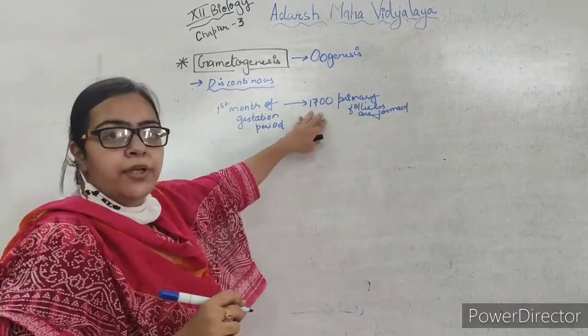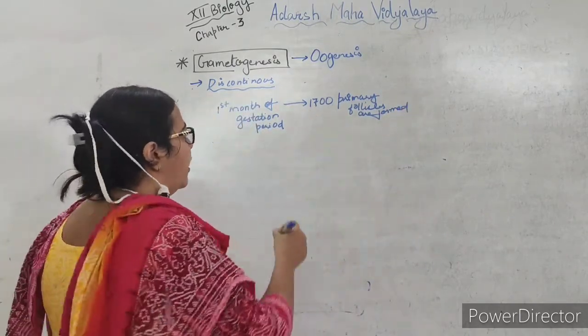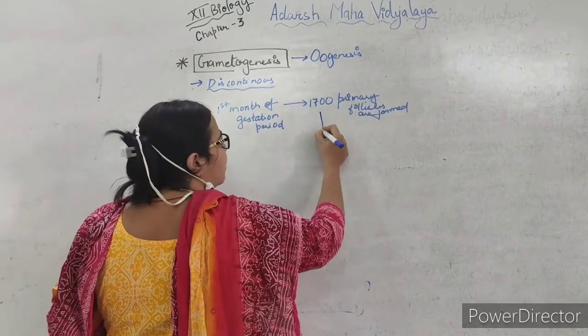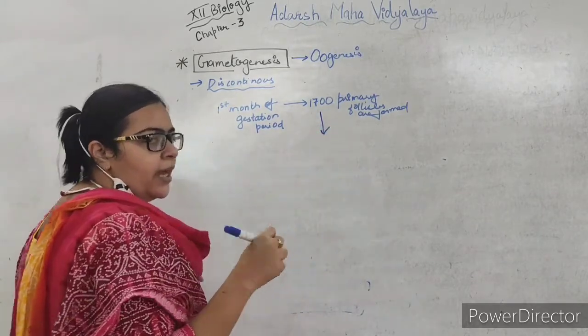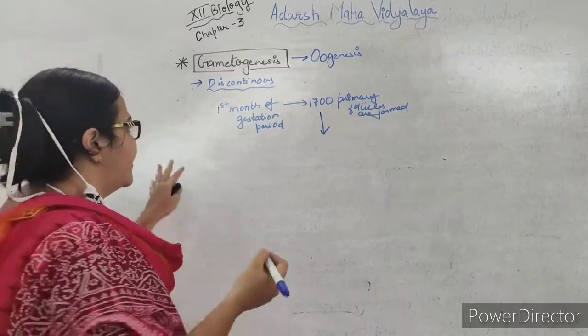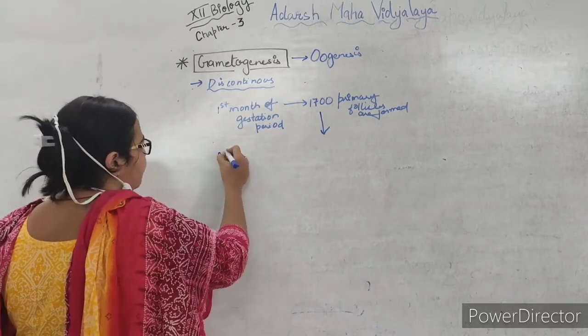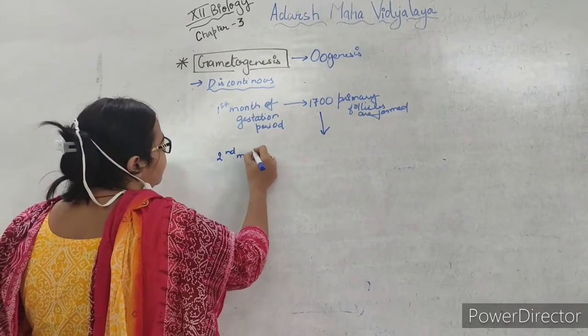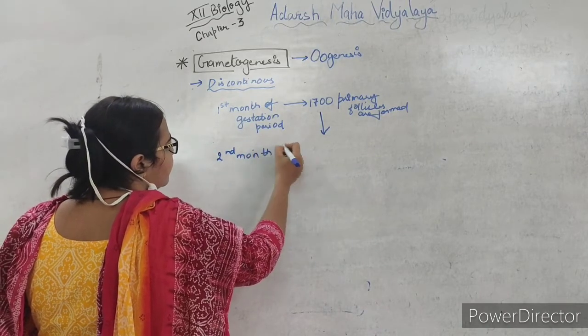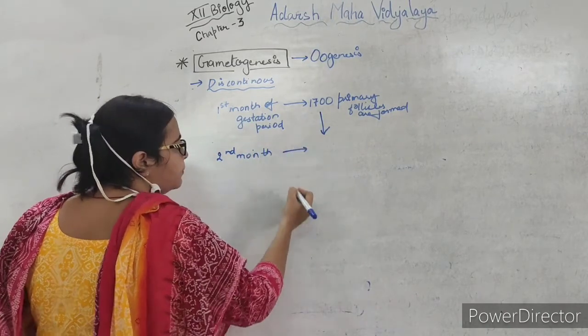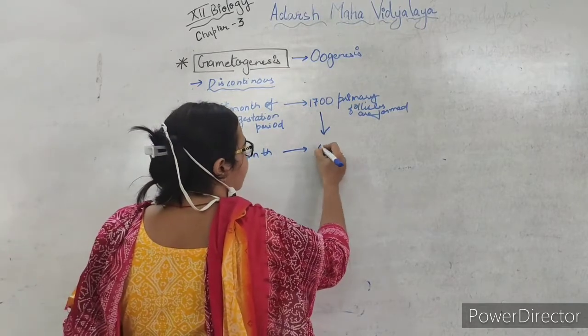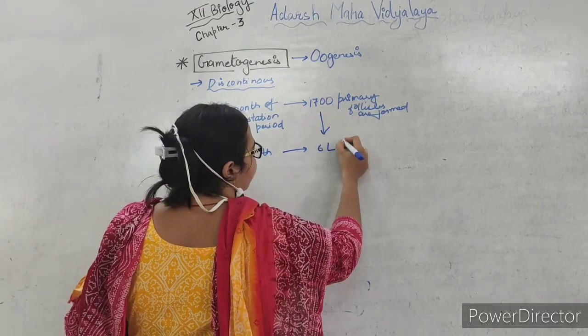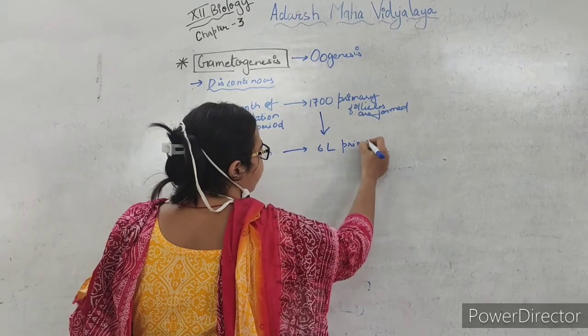These primary follicles multiply and proliferate, and by the second month of the gestation period, some 6 lakh primary follicles are formed.